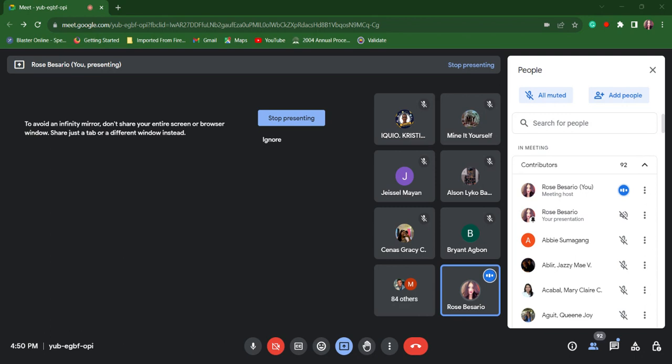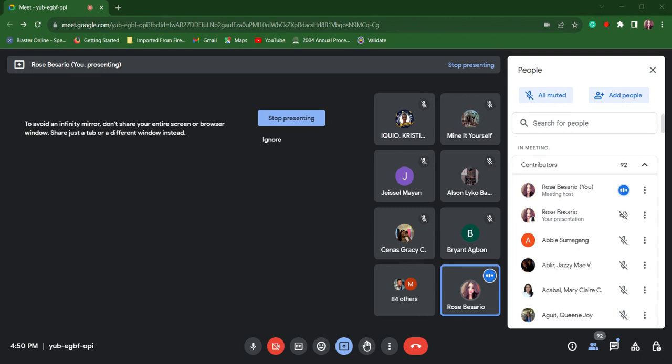So ato siyang totalon. So kung 305 na siya, ending balance nato is 142.